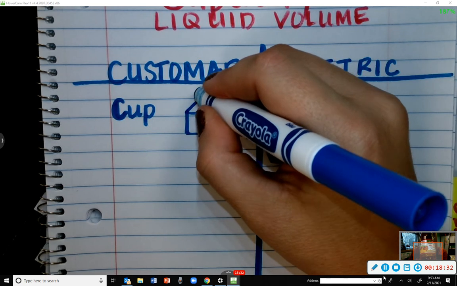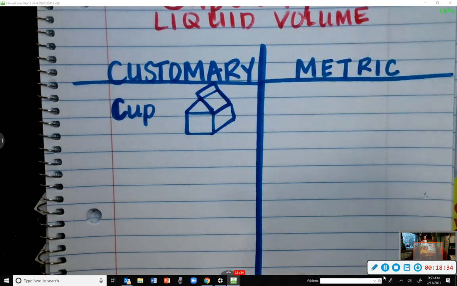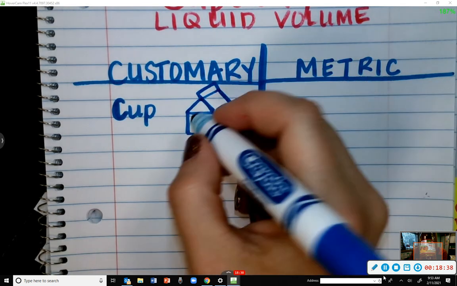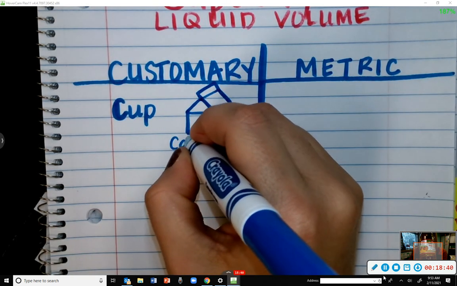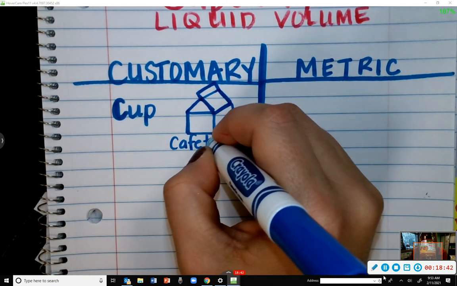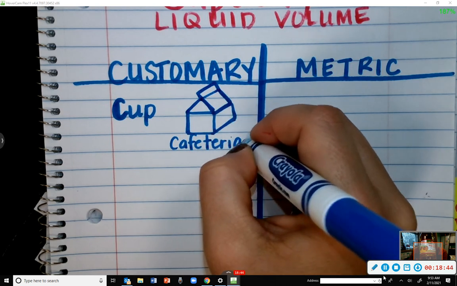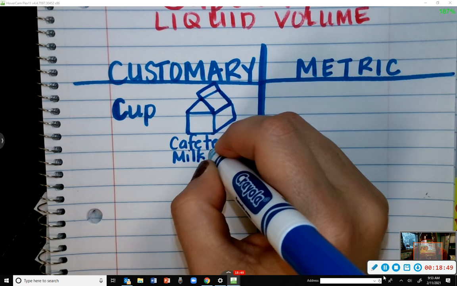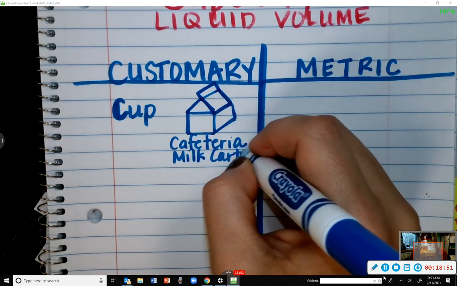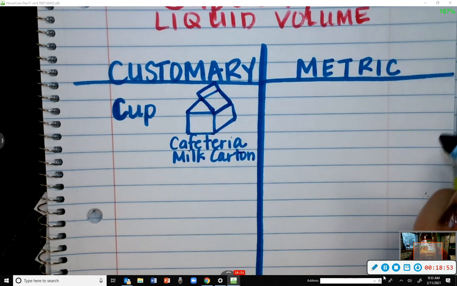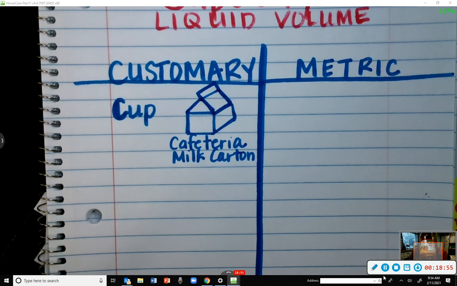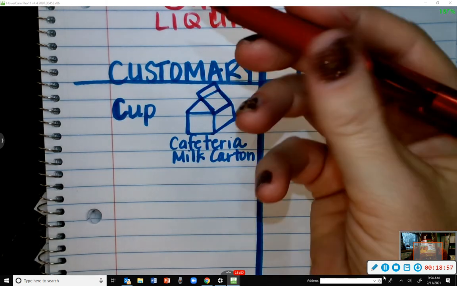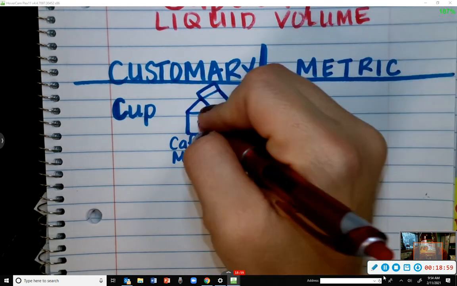Okay, and there's a little tab on the top. So you can label it if you have a hard time figuring out what you're drawing. Cafeteria milk carton is what you could label it. Okay. You just put milk carton for sure.